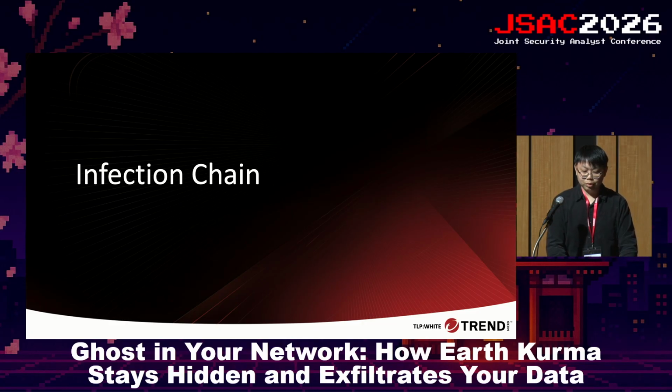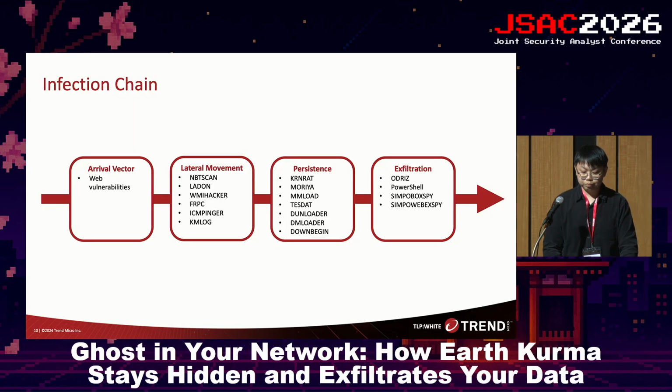So to the next part, infection chain. Now I'll briefly introduce their infection chain. The attacker first compromises the victims by leveraging web vulnerabilities. In the lateral movement stages, they use open source tools like NBTscan, Ladon, and so on.